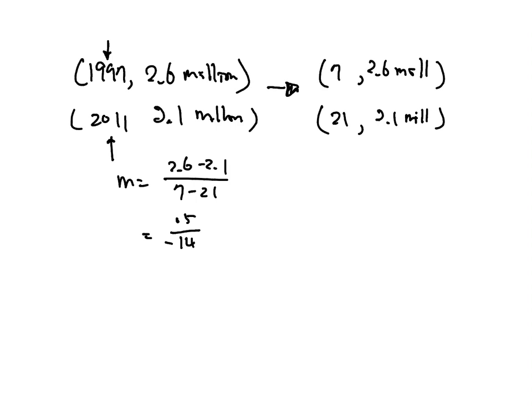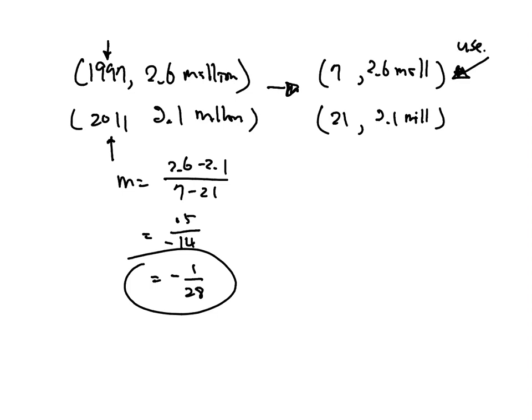This is the same as negative 1 over 28. So my slope is negative 1 over 28. So now we got two different data points that we can choose from. I'm just going to choose the first one because it's smaller numbers.